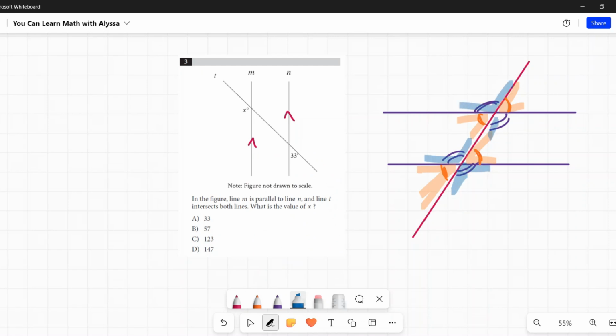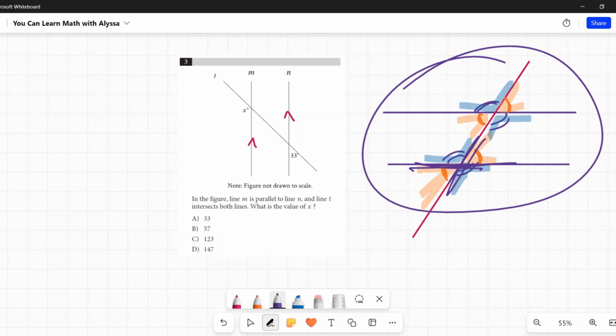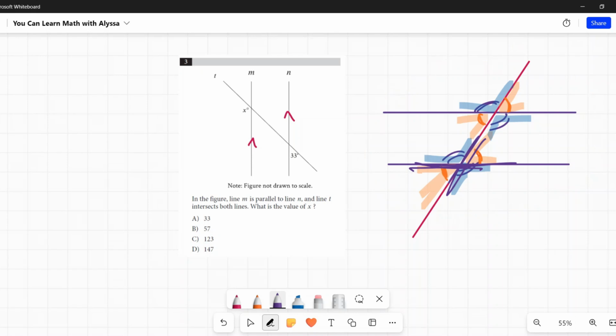Supplementary means you add them together and they form 180 degrees, which I think you can see right here. Here I've got an orange and a blue, together they make 180. Here, an orange and a blue, together they make 180, and so on all the way around. This is what you need to memorize for problems like this on the SAT.